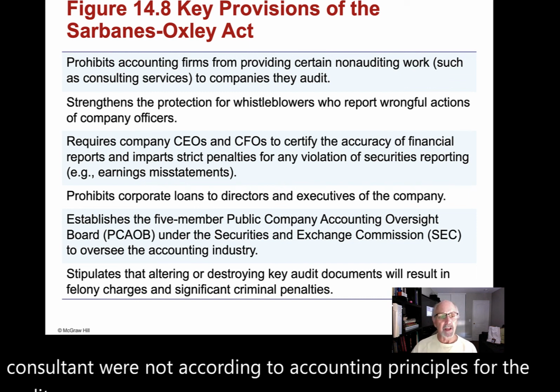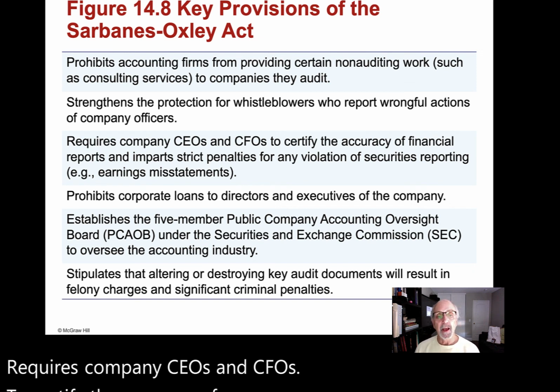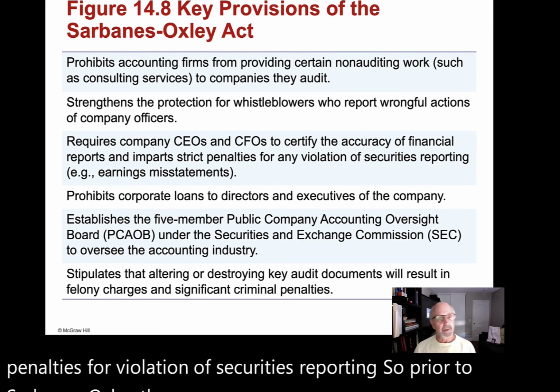The big change here requires company CEOs and CFOs to certify the accuracy of financial reports and imposes strict penalties for violation of securities reporting. So prior to Sarbanes-Oxley, the CEO and the CFO did not have to sign off on the financials at the end of the year.